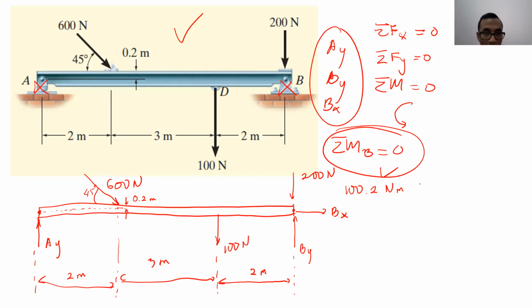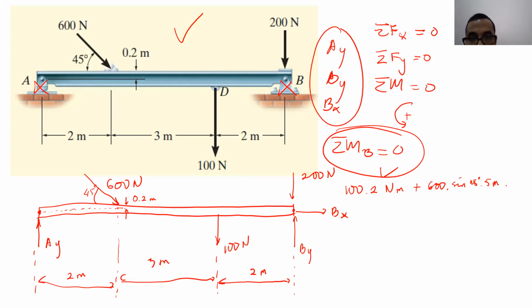Okay, and the direction is counterclockwise or clockwise? Like this, counterclockwise. Counterclockwise, so plus as well. We have 600 Newton sine 45 degrees multiplied by 5. Okay, what else? Because of 600 Newton.